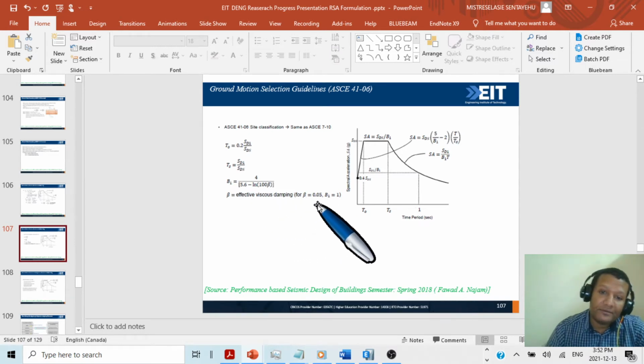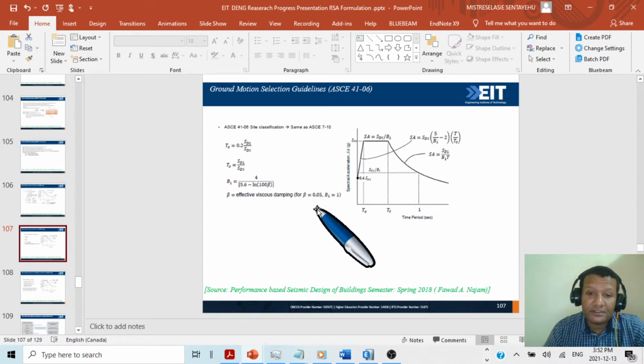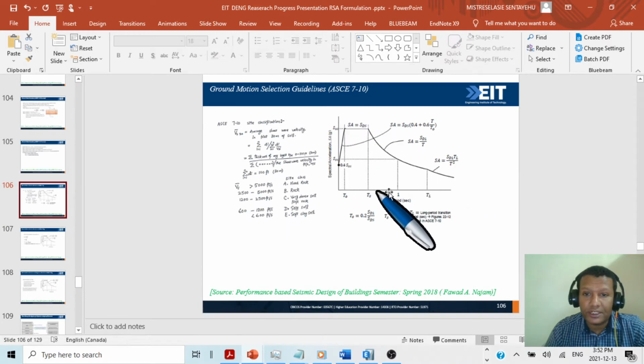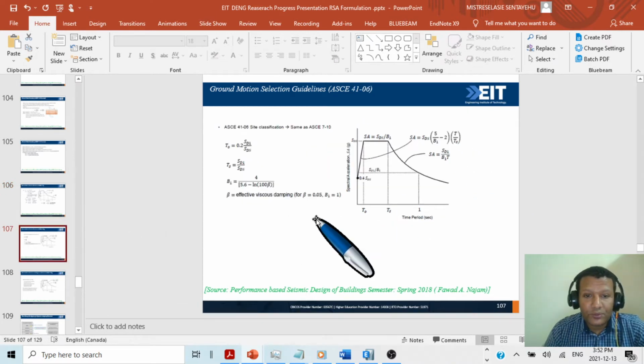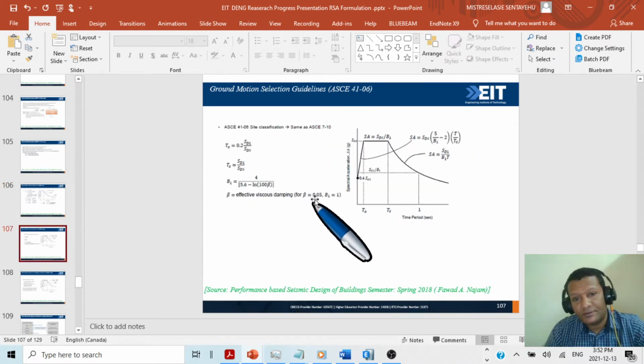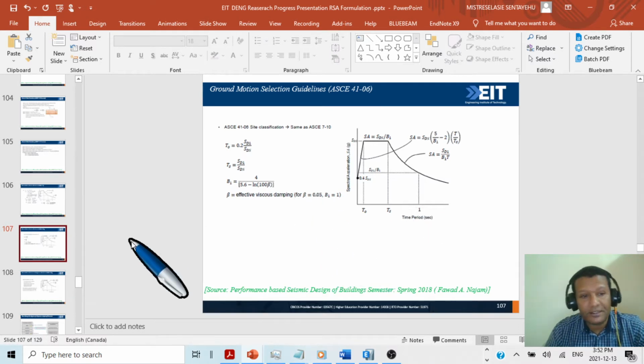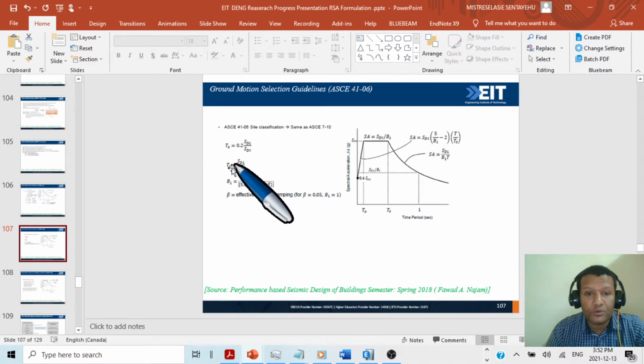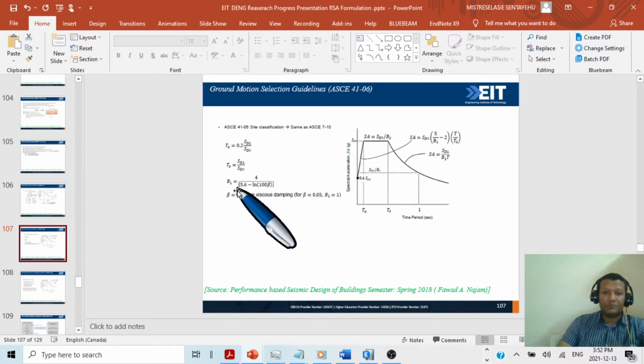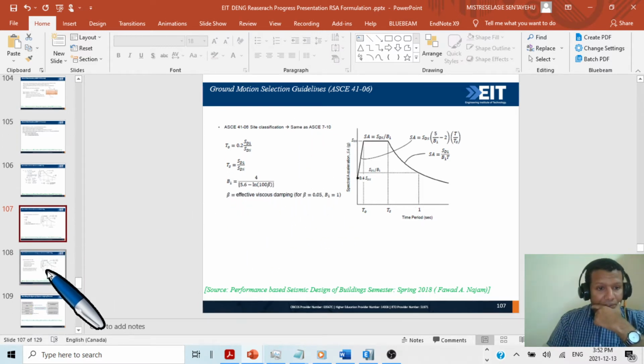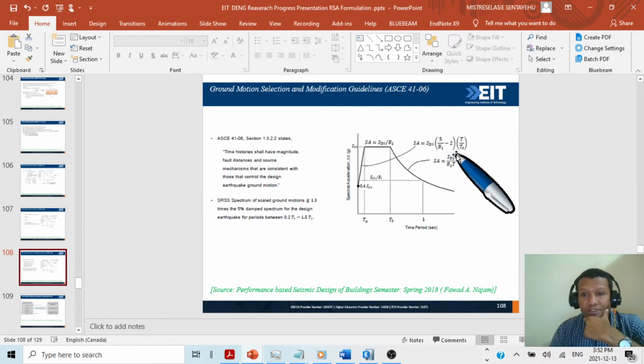When your damping is 0.05, for 5% damping, then B1 is equal to 1 and you get the original. But when B is different from 5% damping, then the equation will be modified according to the B1 factor. This is a modification.